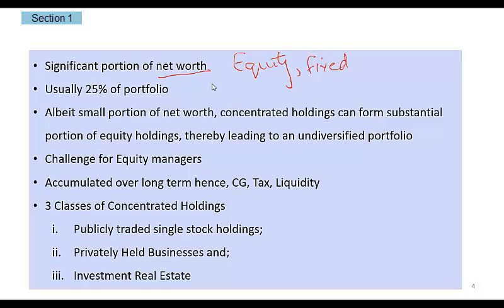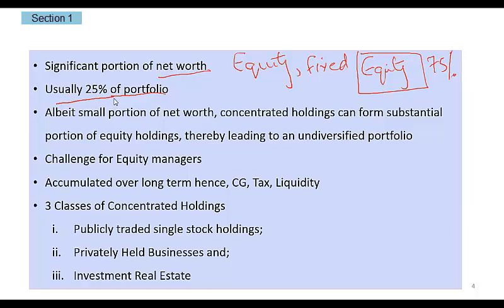From a net worth angle, it could be a small portion, but it could form a substantial portion of your equity portfolio. So for example, you have one block which could amount to 75% of your equity portfolio, but that is concentrated holdings. In terms of heuristics and generalizations, we could say that if you have one holding that constitutes 25% of your portfolio, you can safely classify it as a concentrated holding.